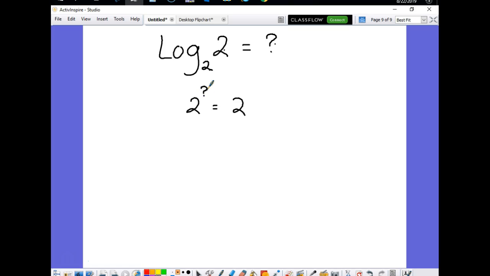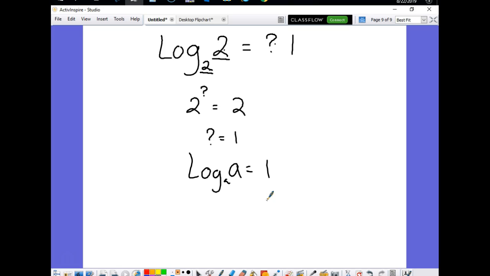Well, what would that unknown power be? 2 to what power equals 2? Well, the answer is 1. And so now we have an interesting little rule. When the base matches the argument, the answer is 1. So here's our rule: log base A of A equals 1. So hold on to that little piece of information.